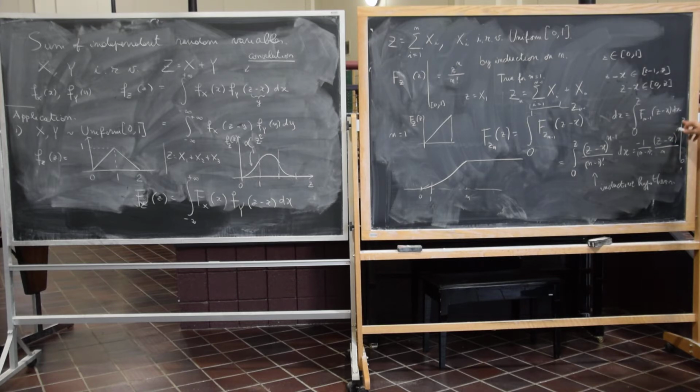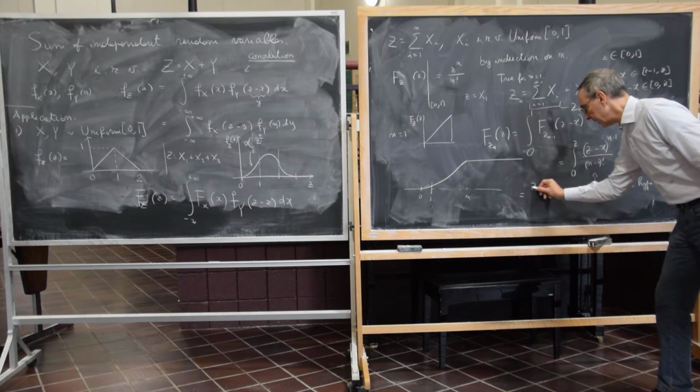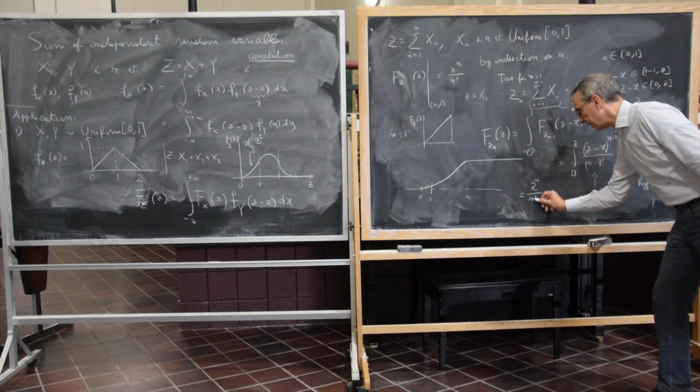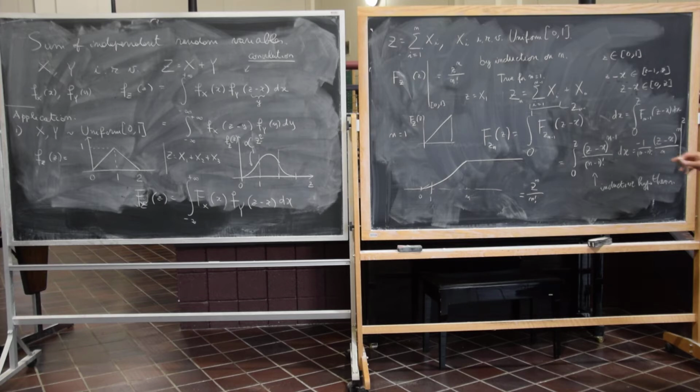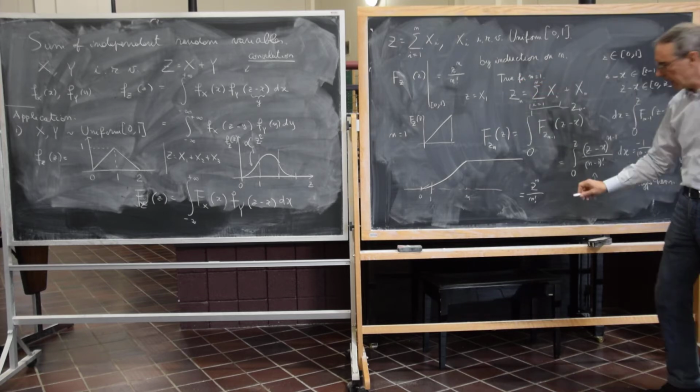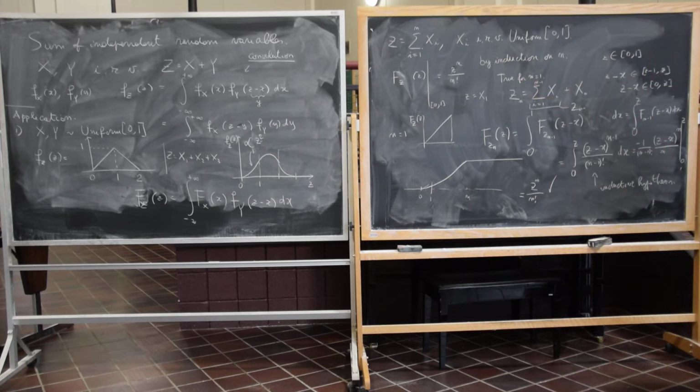When x becomes z, this quantity is 0. And when x becomes 0, this quantity is z to the n. There is a minus here, but the minus here cancels it, so the result is exactly z to the n divided by n factorial. So this is exactly what we wanted to prove. So that's the end of the proof.